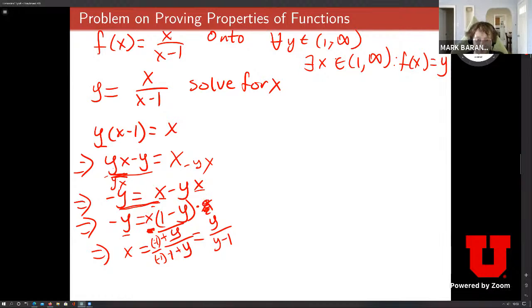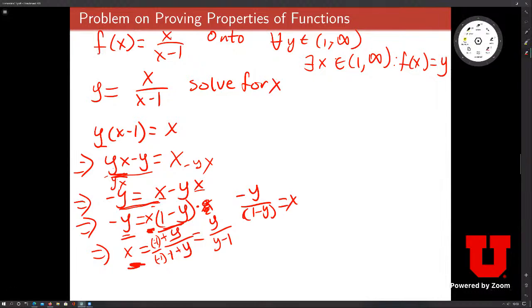And then I divided both sides by 1 minus y to get minus y over 1 minus y equals x. And then when I flipped it around, I would get this. Yeah, that makes more sense. I'm sorry, I skipped a step there.